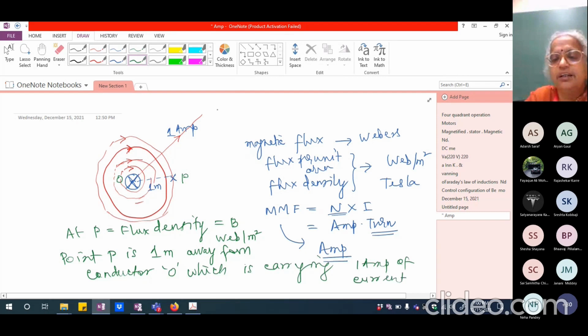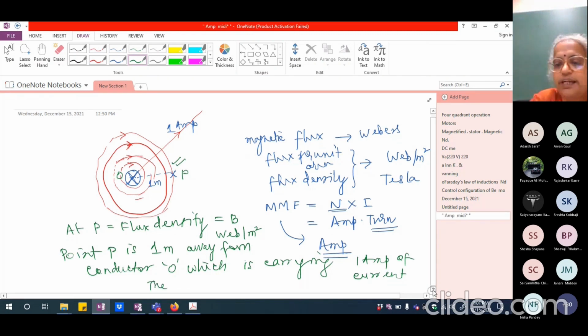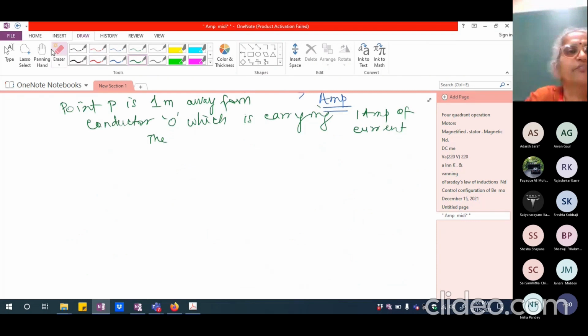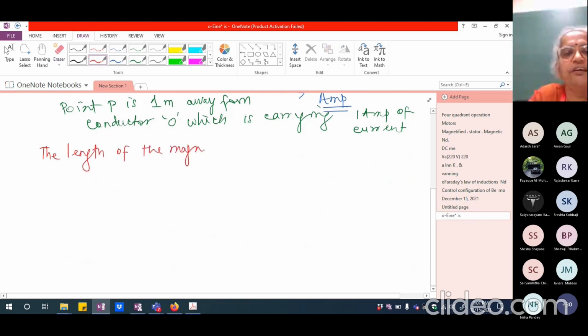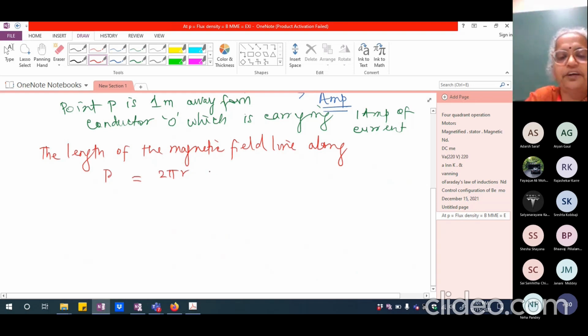First of all, if I am looking at the path length for this line which is passing through P, I should be able to say that the length of the magnetic path, or magnetic field line along P, is going to be 2 pi r, and r we said is 1 meter, so it is going to be 2 pi meters.